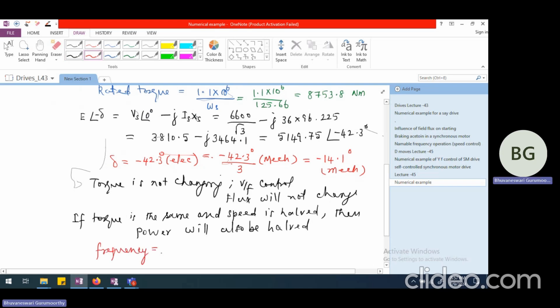Frequency will be 30 hertz because it is half of the original frequency. And Xs is going to be, instead of 36 ohms, it will be 18 ohms. Delta remains the same. Delta will remain the same.